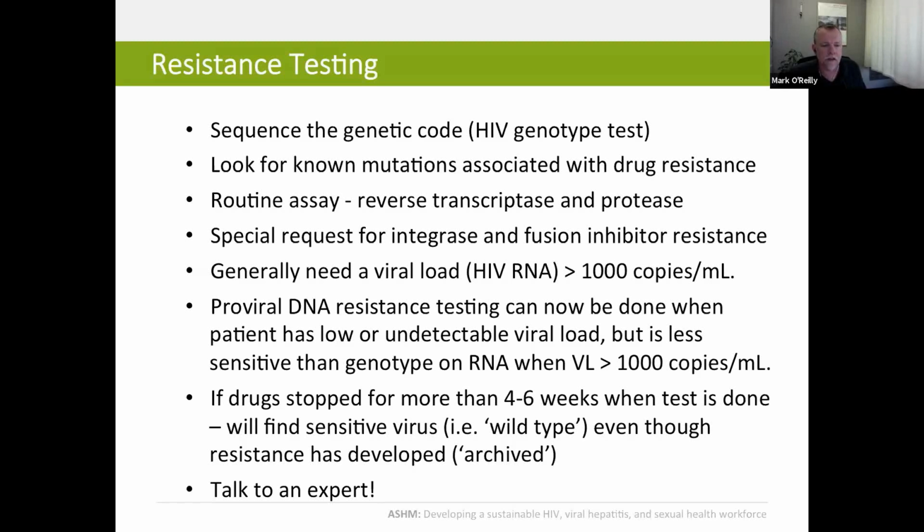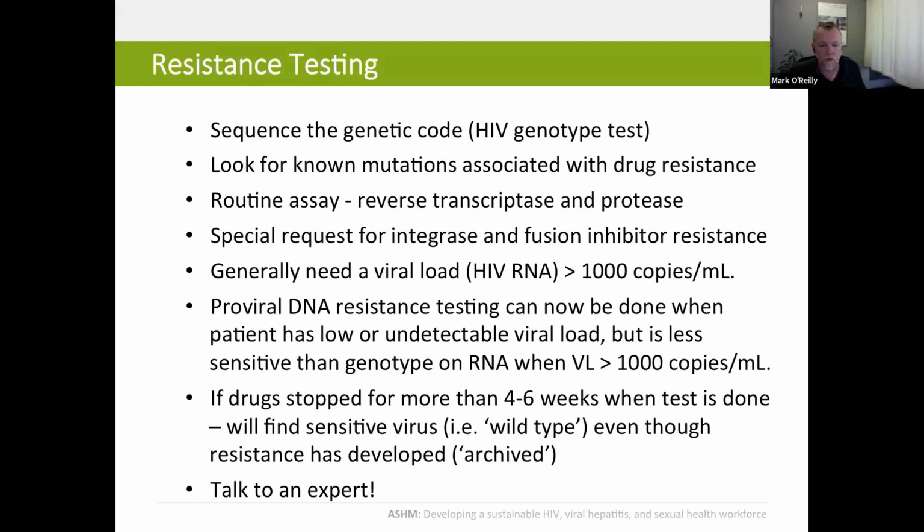There is now technology to do what we call proviral DNA resistance testing. So if an individual has an undetectable viral load, we can actually perform a resistance genotype. It's not thought to be as sensitive as a genotype performed on cell-free virus.